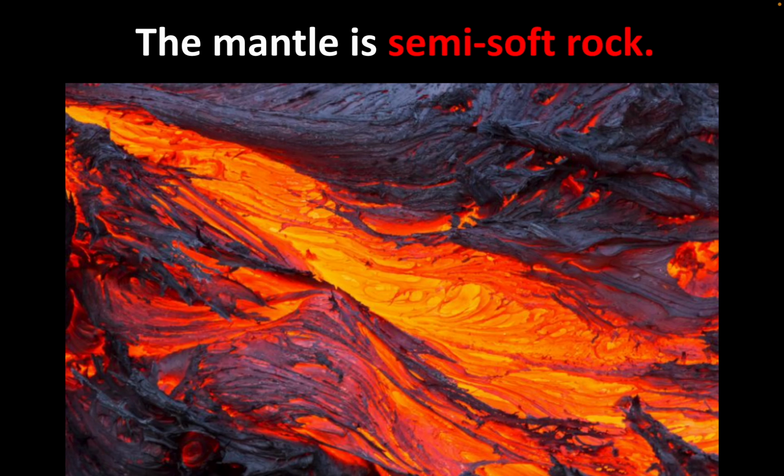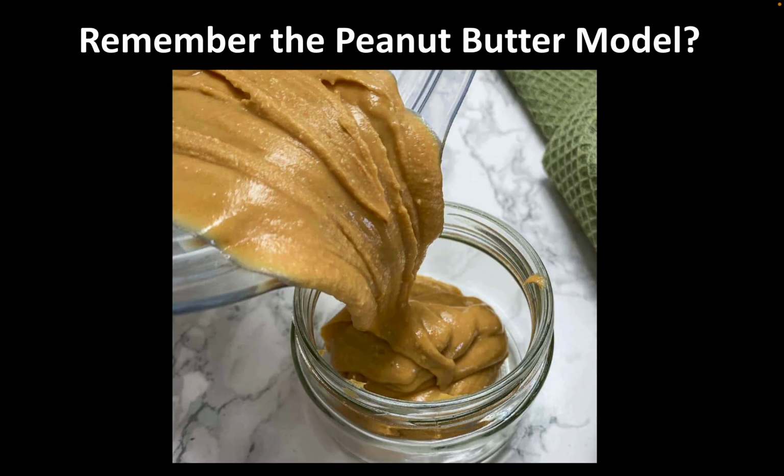So the next blank in your notes will be semi-soft, and then the next blank is rock. If you remember, this is the peanut butter model. In the video, a geologist poured honey on top of a rock, and then she poured peanut butter on top of a rock.